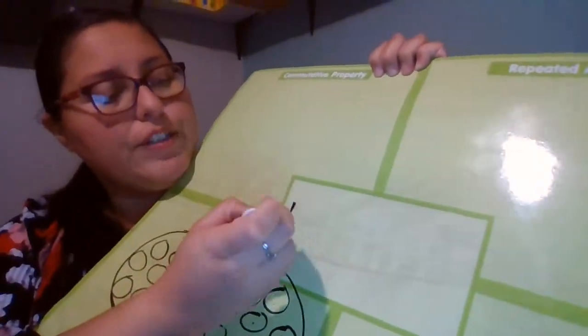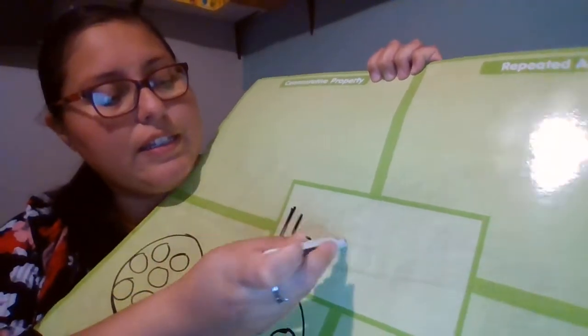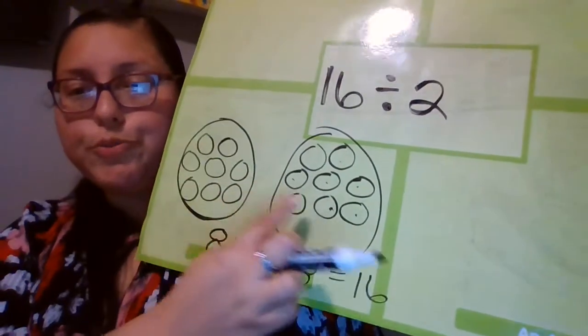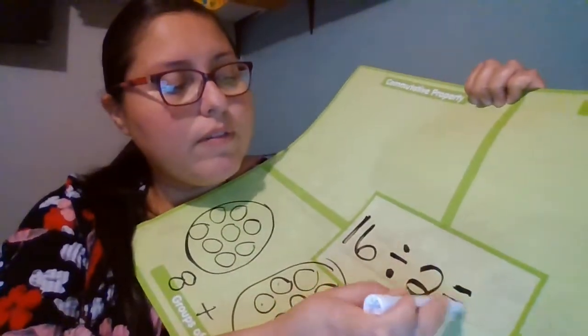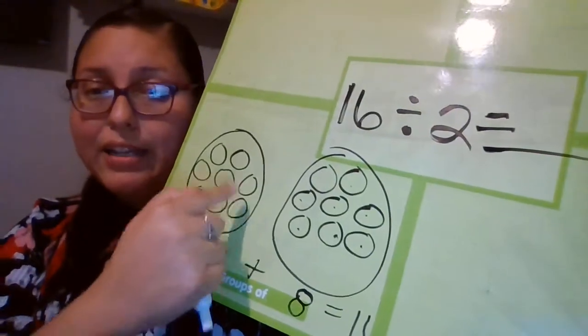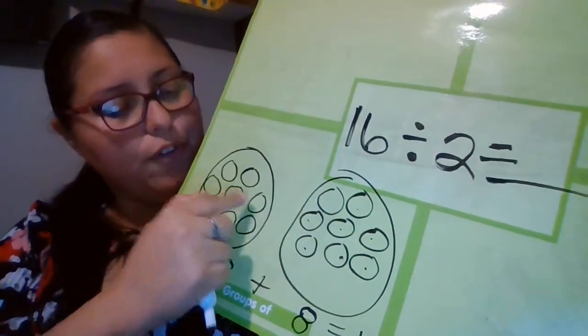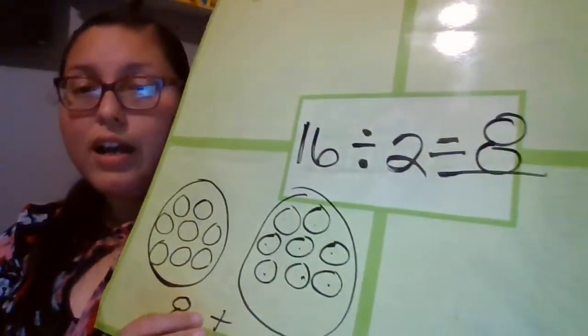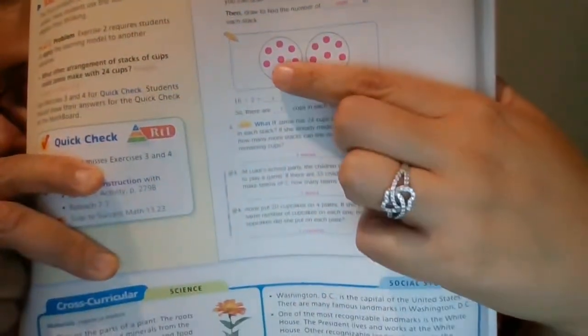So the first thing is 16 divided by 2, because we have 2 groups. 16 divided by 2 equals how many equal inside? 8. And that's what you're going to draw in here, 8 circles.